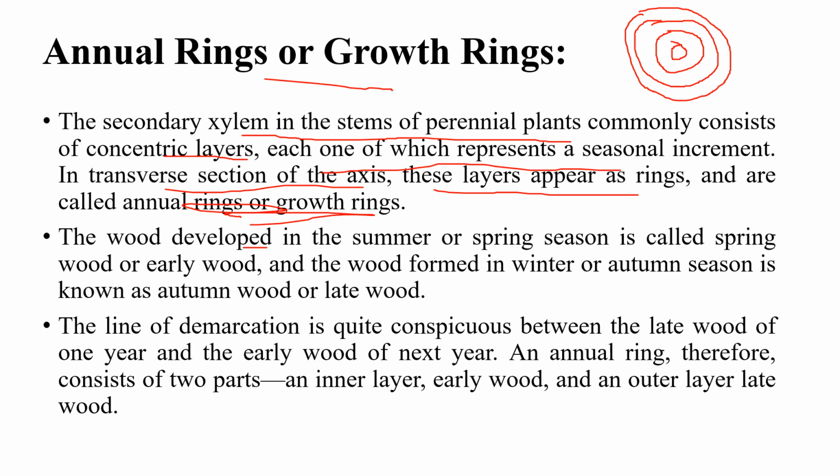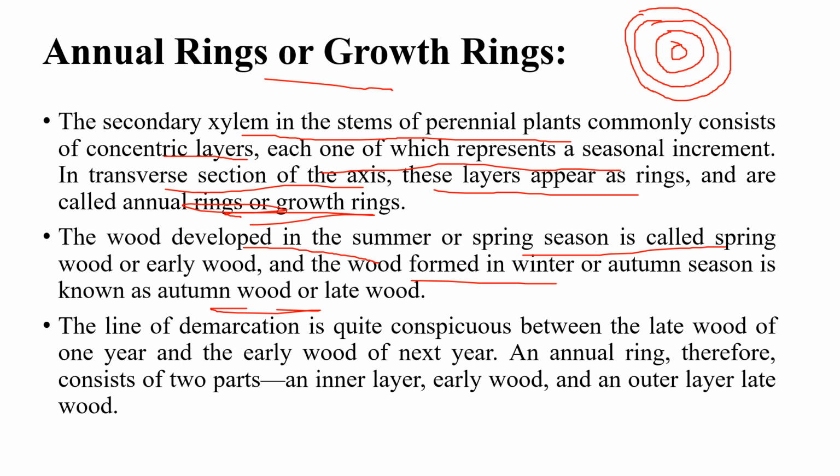The wood developed in the summer or spring season is called spring wood or early wood, and the wood formed in the winter or autumn is called autumn wood. So at two times of a year, this wood is developed. One is summer or spring, called spring wood, and another in autumn, called autumn wood or late wood.